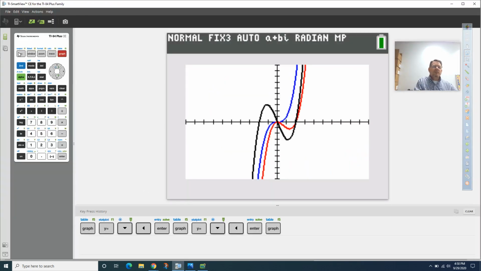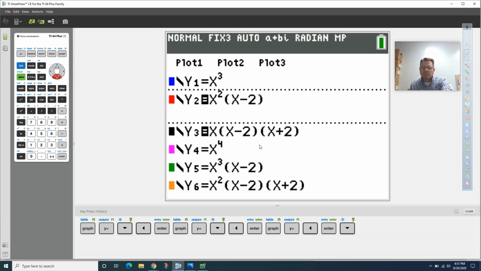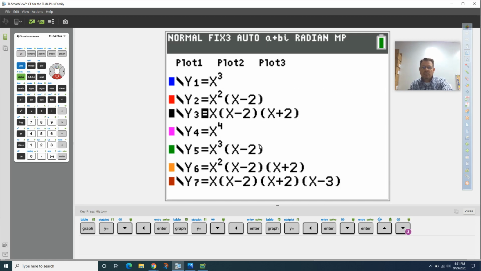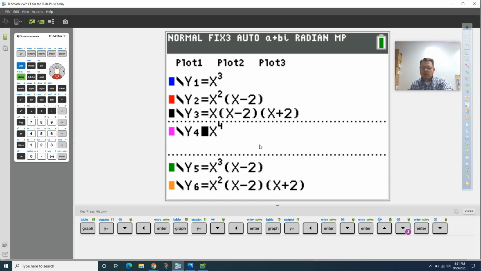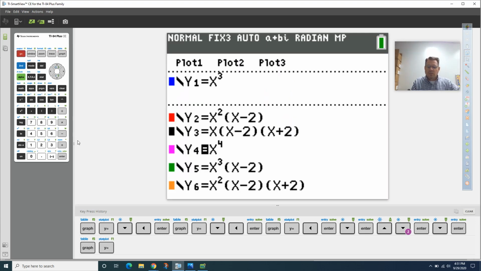So let's go back over here and turn that off, turn that off, turn that off, turn that on. Let's go look at the graph. This goes so fast on the computer. And so you see there's the parent function.